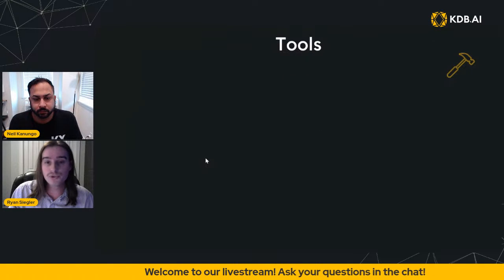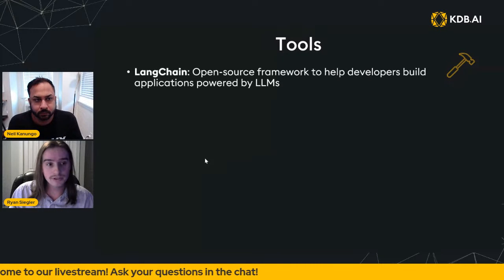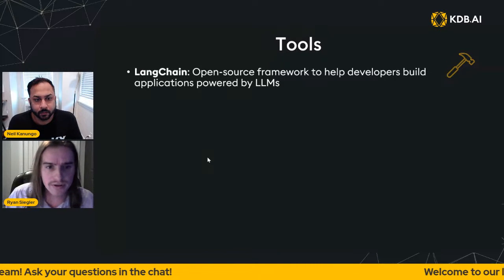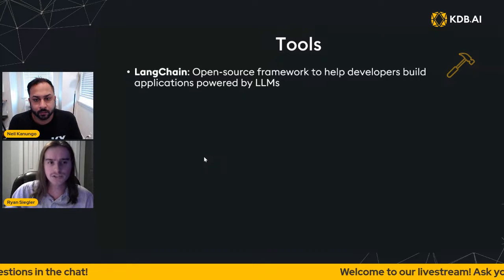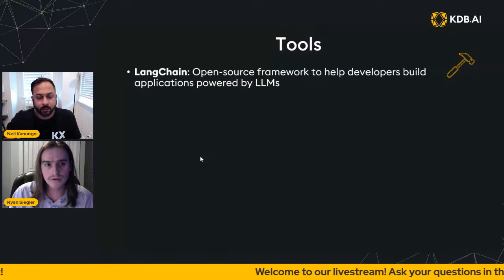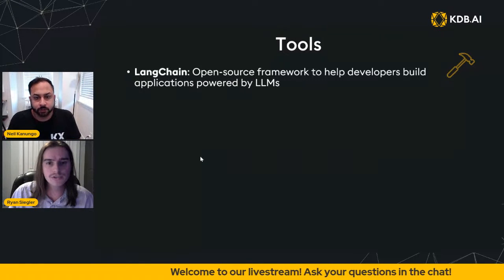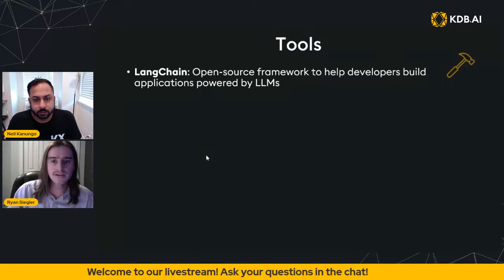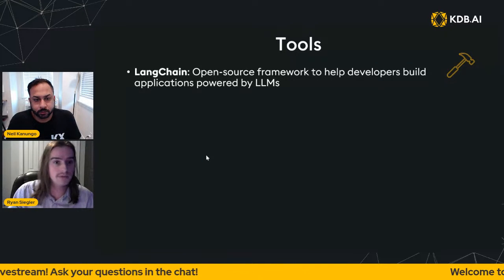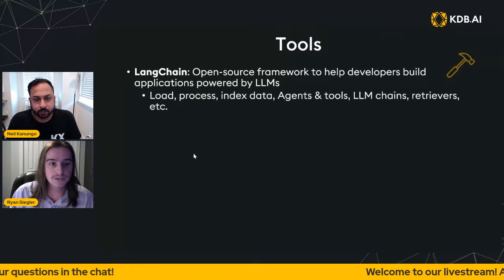There are a few tools that are commonly used with RAG, and Neil mentioned a couple of them here. LangChain is one of them. Just a quick overview for those who don't know: LangChain is an open source framework, and it is built to help developers create applications that are powered by large language models.